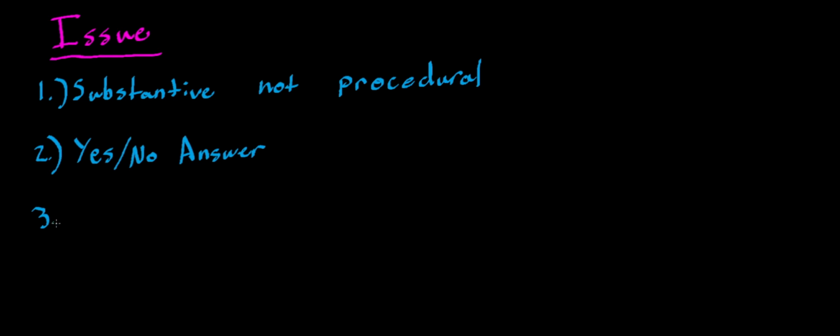Now, from here, you have a couple of options for how to structure the issue statement. You can either take a traditional approach, or you can take what I'll call the modern approach.